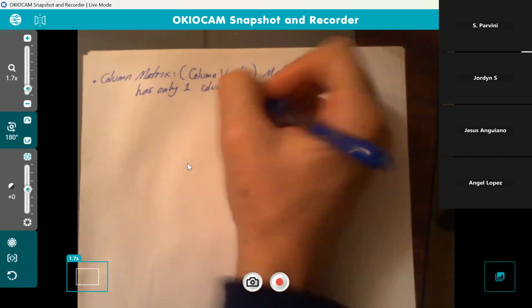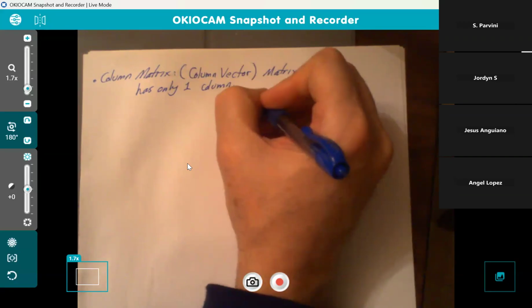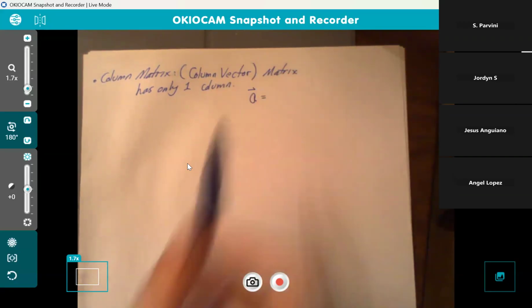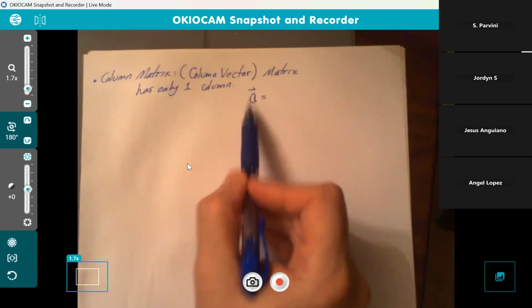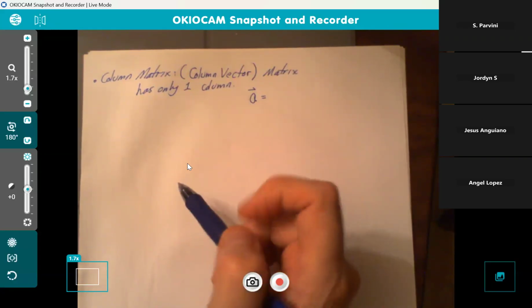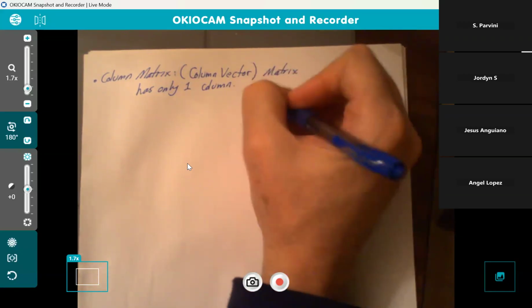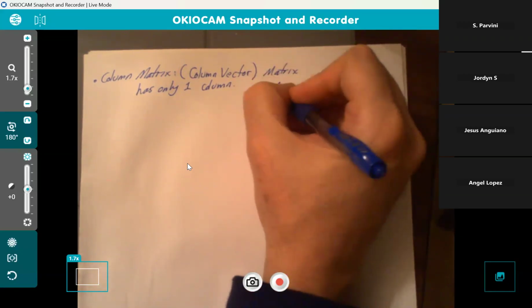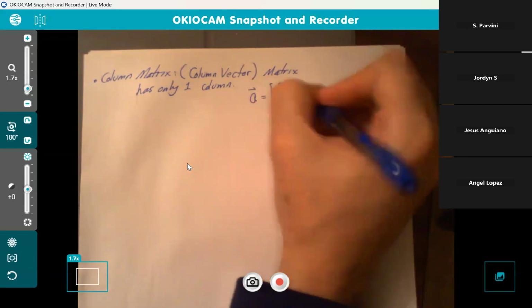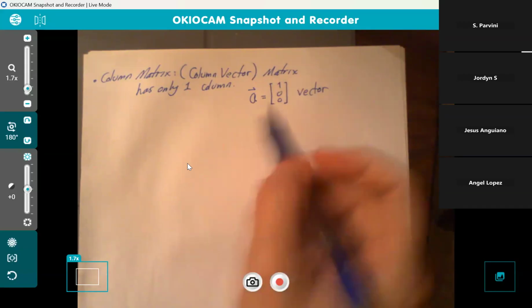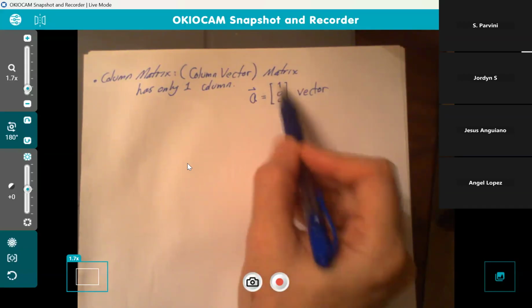So for example, as a vector, because you've seen vectors before, now this is vector A, I'll put an arrow on top. So this is a vector quantity, right? It is not a matrix, but I can represent this vector, for example, 1, 0, 0. This is a vector. Now, this definitely looks like a matrix, doesn't it?